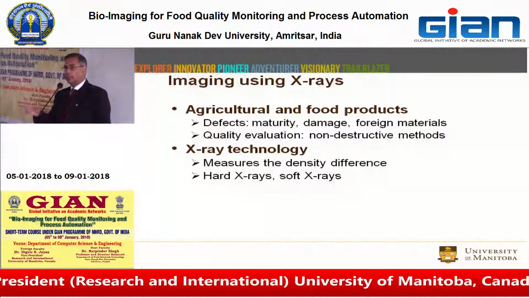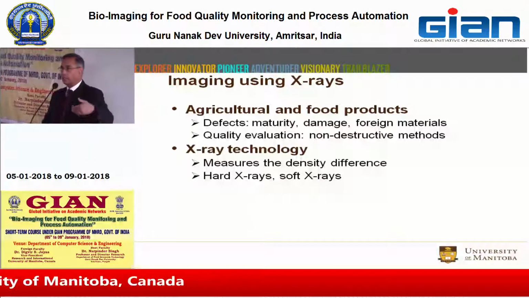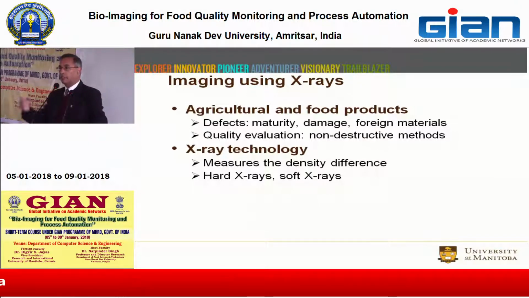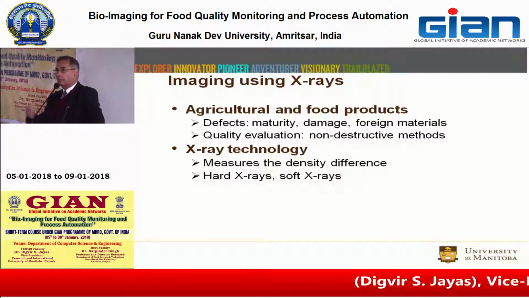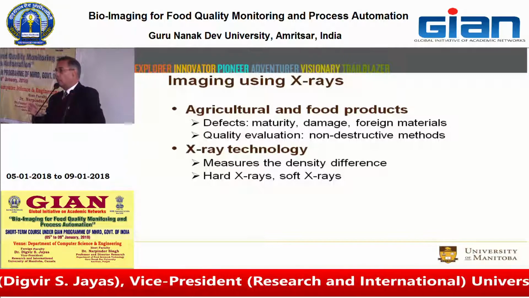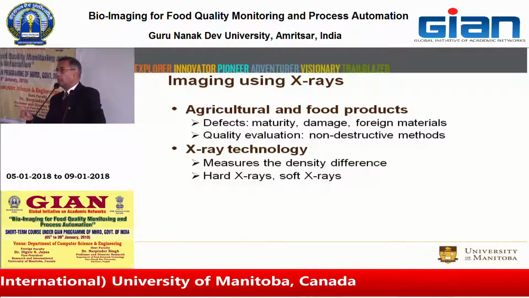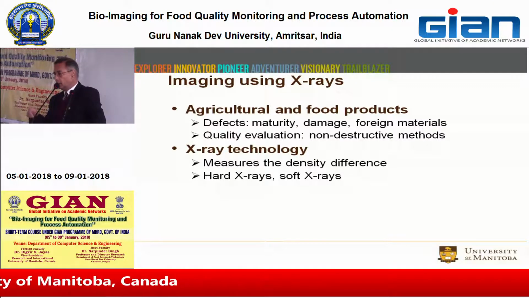The main working principle of the X-rays is that when you pass X-rays through an object, the X-rays are attenuated, or changed, based on the density differences in the material. So if you had a denser material, X-rays would be blocked more.